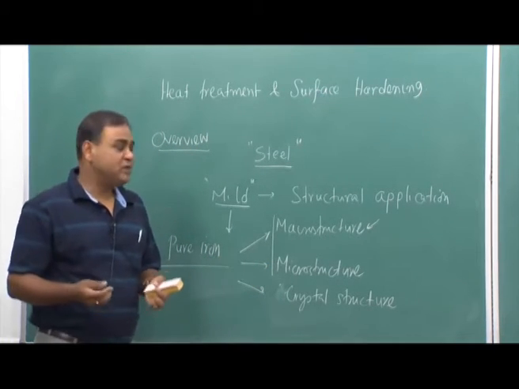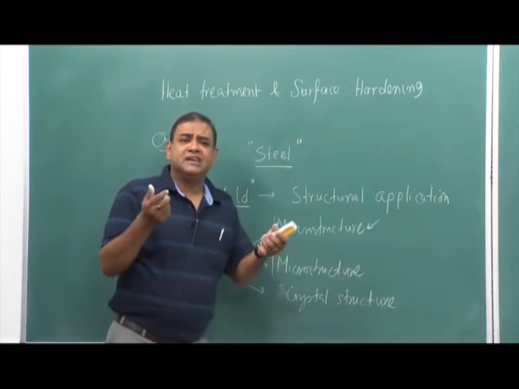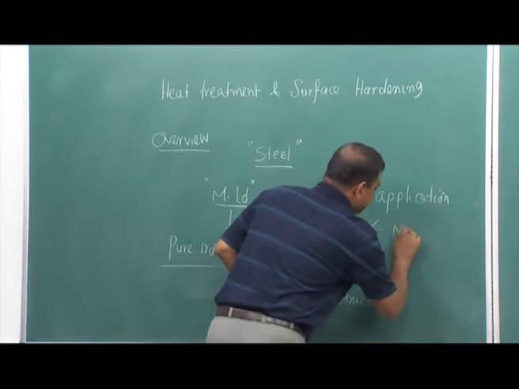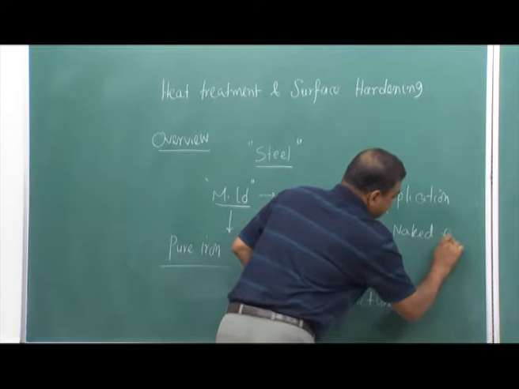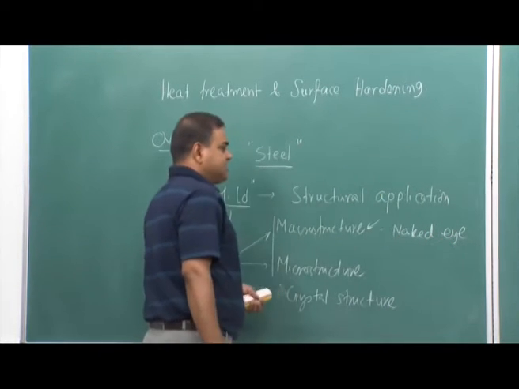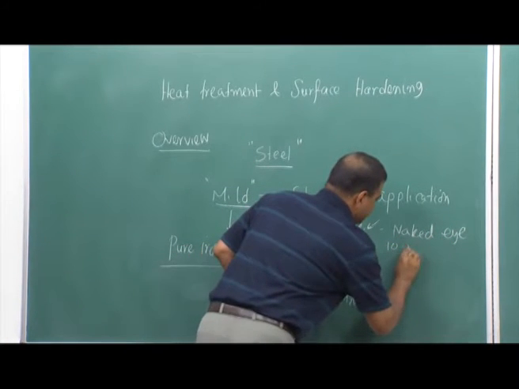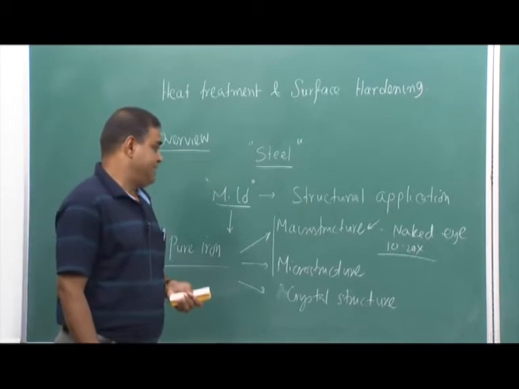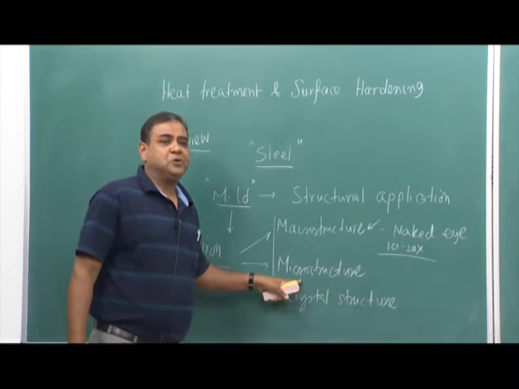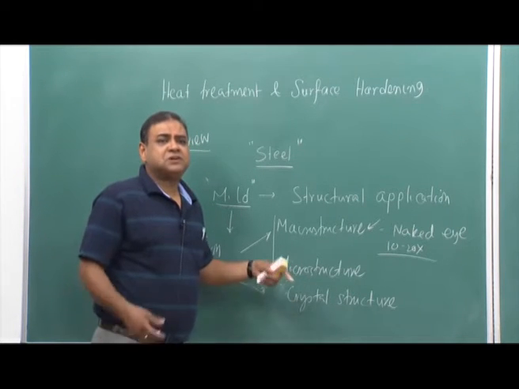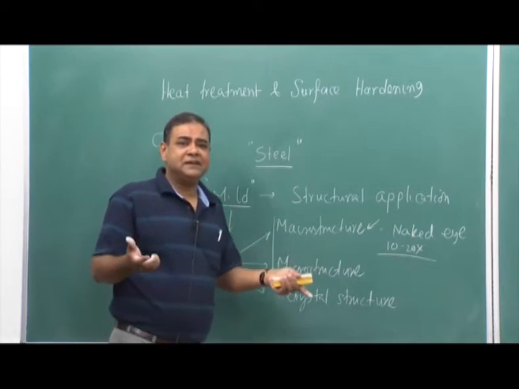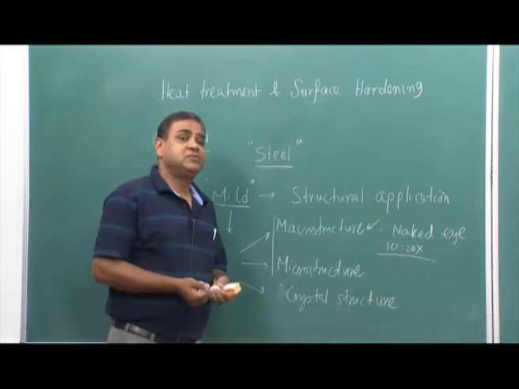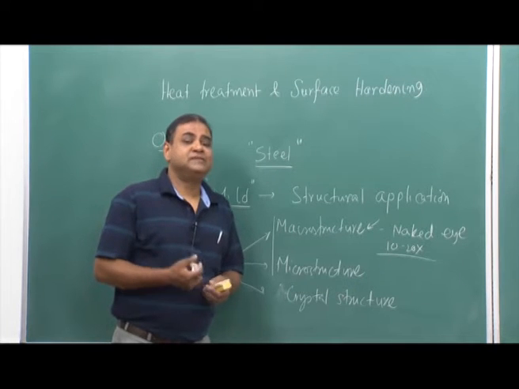A macro structure is one which can be seen with the naked eye, with magnification up to, let us say, 10 to 20x depending on the power of the human eye. But microstructure is inherent in any material, and we cannot see it with the naked eye.